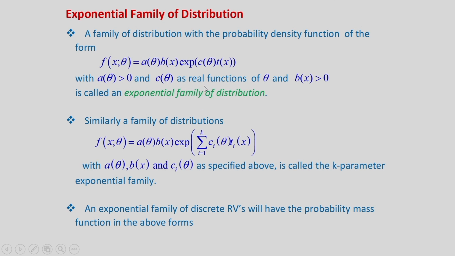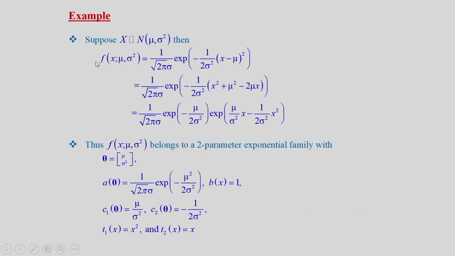Then this family is known as the k-parameter exponential family of distribution. We can find an exponential family of discrete random variables also in a similar manner. If the probability mass function can be written in this form, then that family will be called the exponential family of distribution. We will see one example.